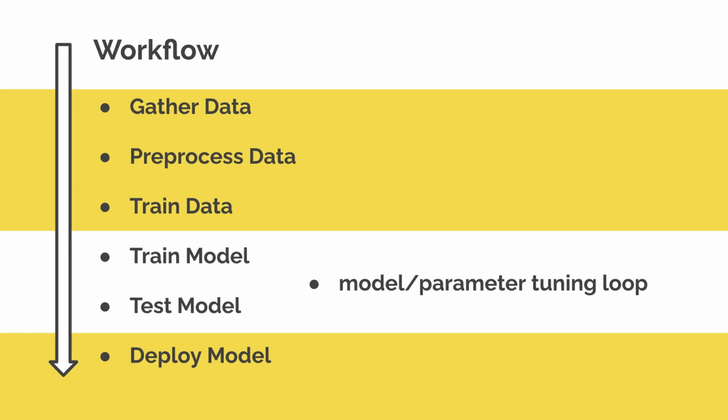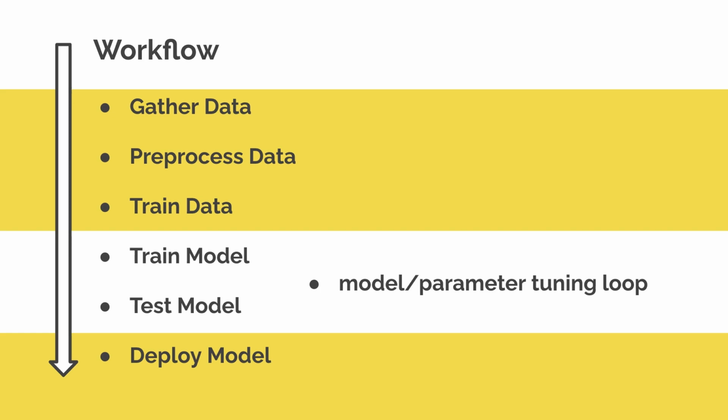Then you will train the data by feeding it into a machine learning model. You have to train the model itself because the model starts off with low accuracy, but then with a model or parameter tuning loop, the model tunes itself, so it improves itself by adjusting its equation.